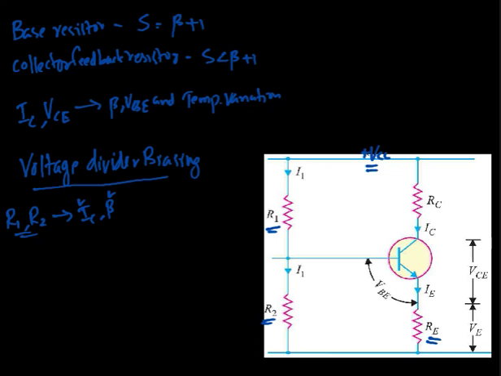First of all, we will discuss how the stabilization has been achieved using this circuit. That means we have to show that IC and the collector emitter voltage VCE are independent of beta, VBE and temperature.